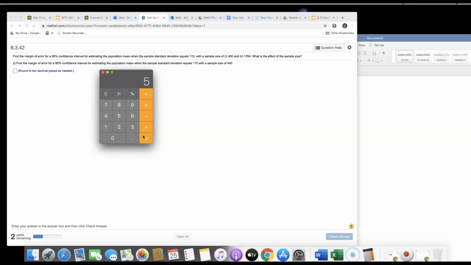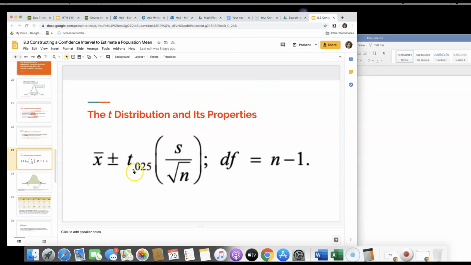When we use the t distribution, because this is two-sided, if you divide this 5 by 2, what we are saying is 2.5% is to the left of this confidence interval, and 2.5% is to the right side of it. And 2.5% in decimal is 0.025. That's why they have this t of 0.025.